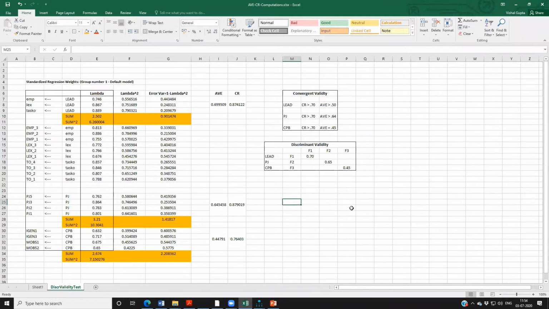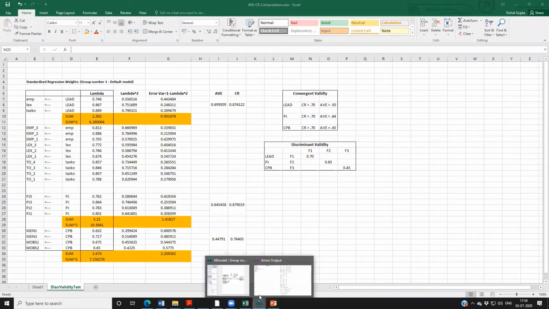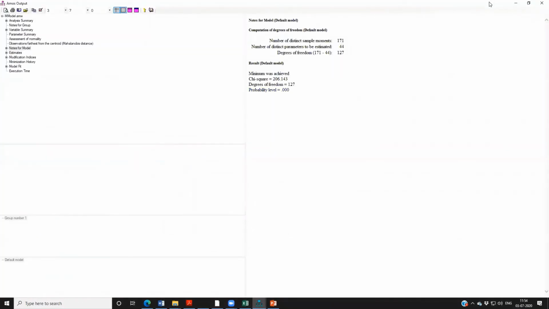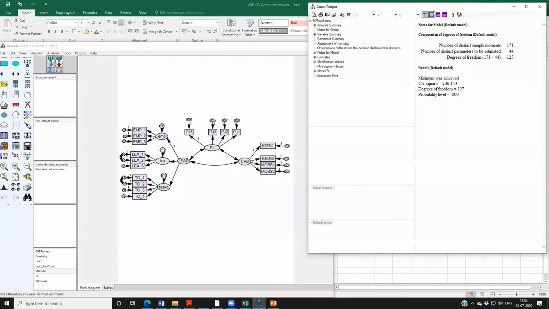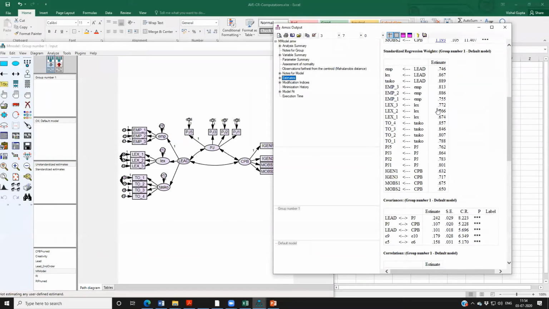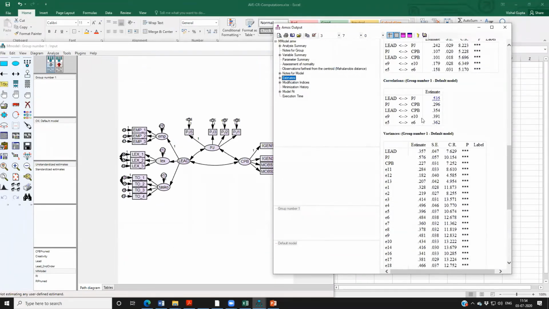Now, below the diagonal, remember we said it will be correlations between factors. And where will we get the correlations between factors? This is where the measurement model output will come in handy. Go to estimates, scroll down, and you will get correlations.